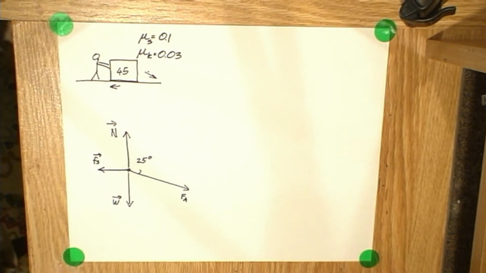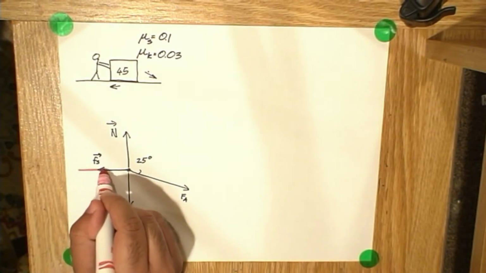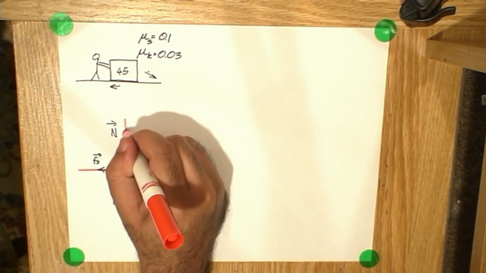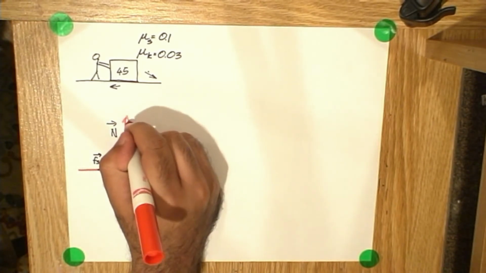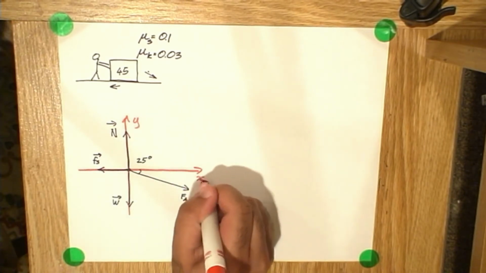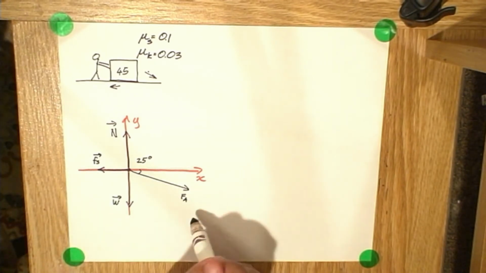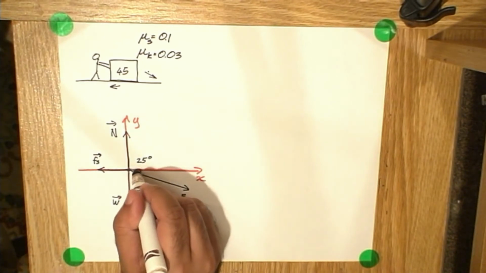Those are all of the forces. Let's now draw in the axes. We can set these in the conventional way. And we will break the applied force into its components, since it is the only oblique force here.